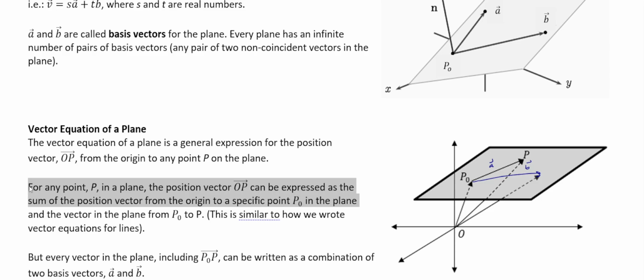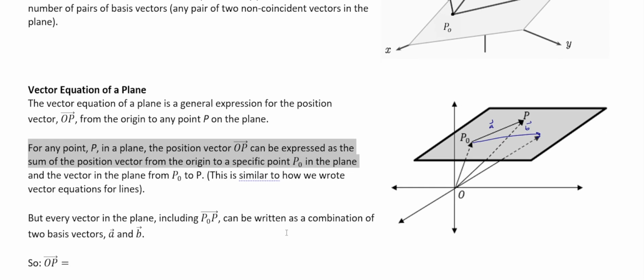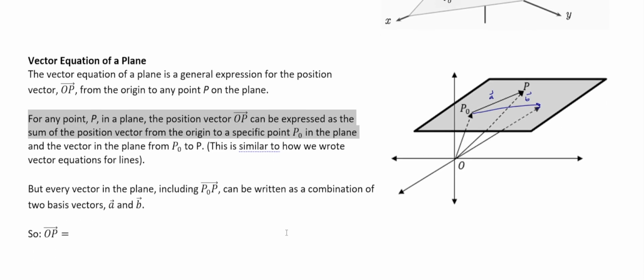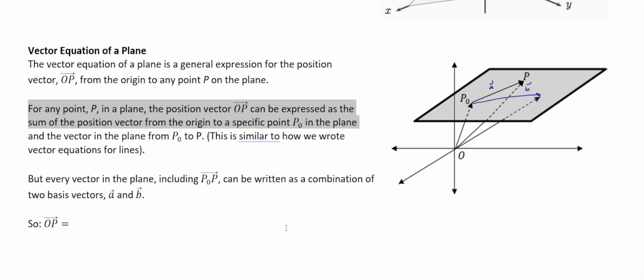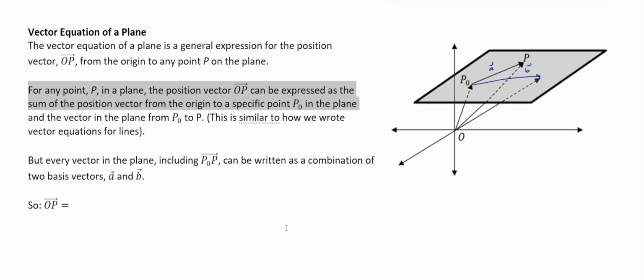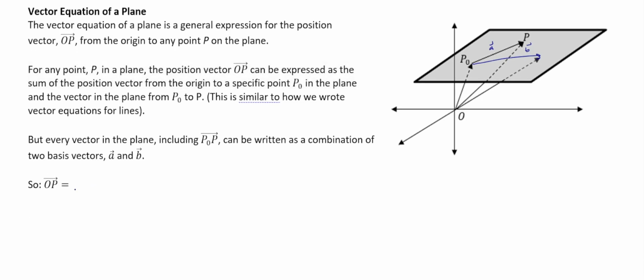So OP can be expressed as the sum of the position vector from the origin to a specific point in the plane, and then the vector in the plane from P naught to P as well, right? So this is similar to how we wrote the vector equations for lines. But every vector in the plane, P naught P, can be written as a combination of the two basis vectors A and B. So this right here is your vector equation of the plane.